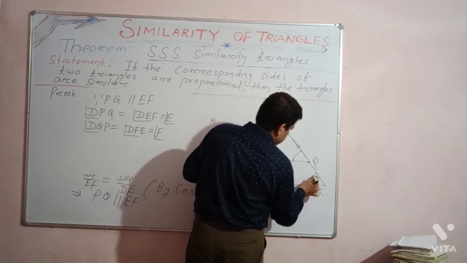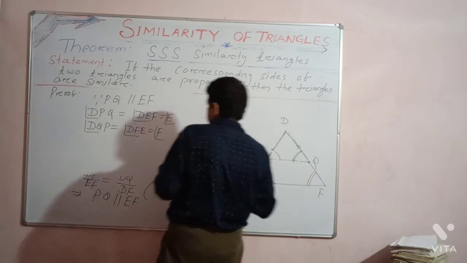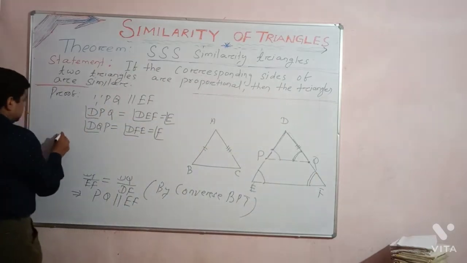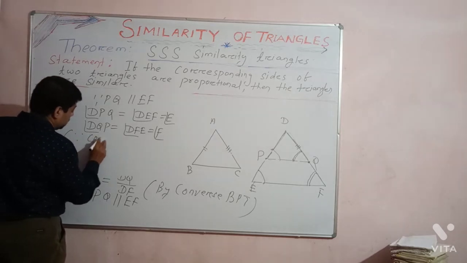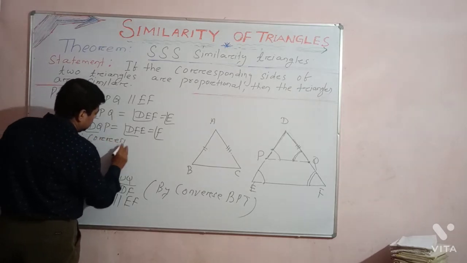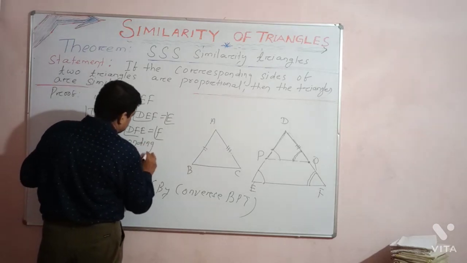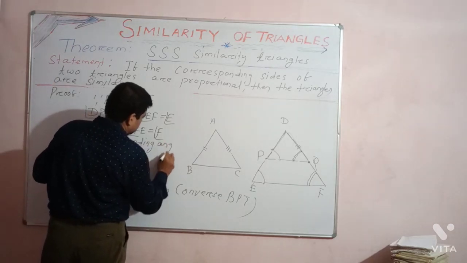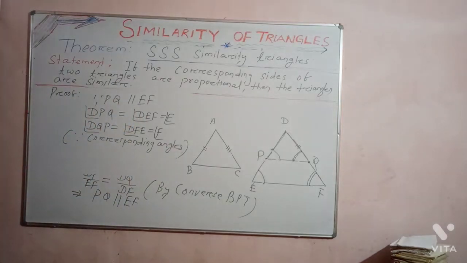So corresponding angles are equal. Why are they equal? Because when two lines are parallel, their corresponding angles are equal. Understand?